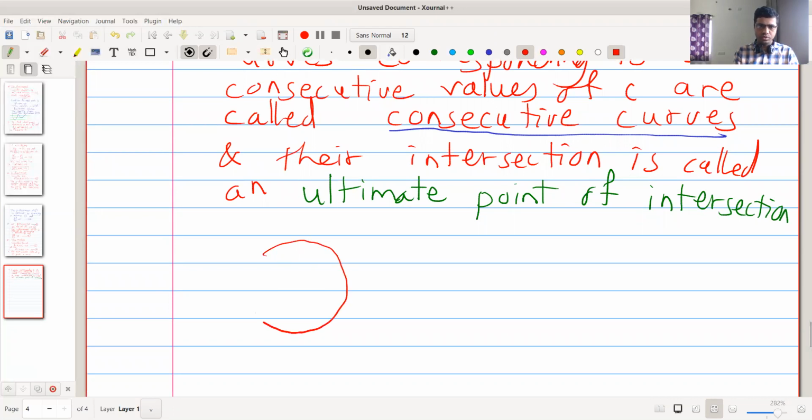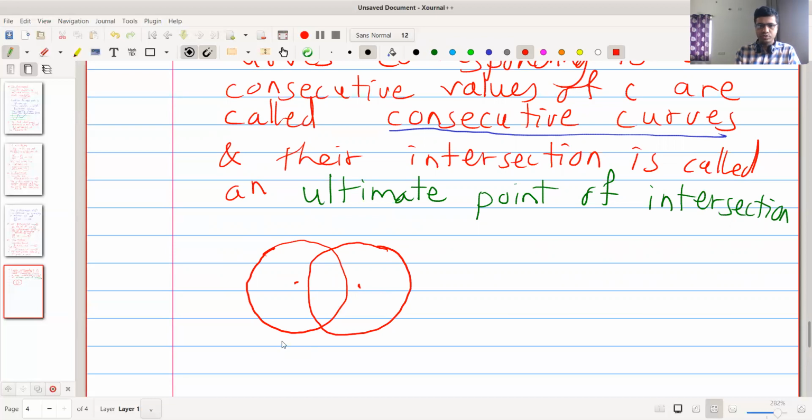So the example discussed in the last lecture. We have the general solution as a family of circles centered on the x-axis with fixed radius a. If we consider the center as c, then for the consecutive curve the center is a slight change in c, say c plus delta.